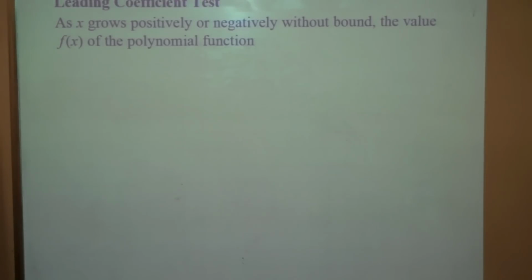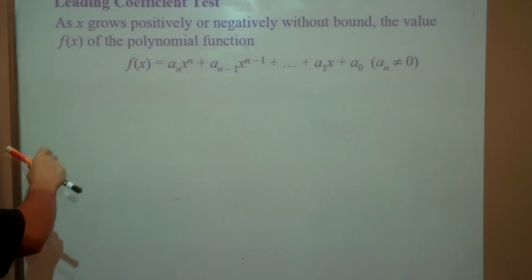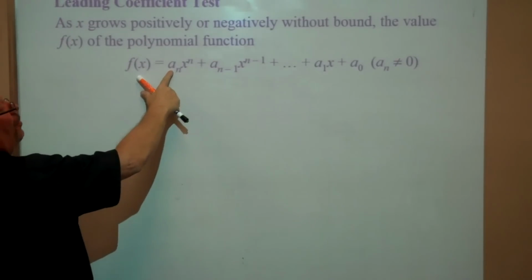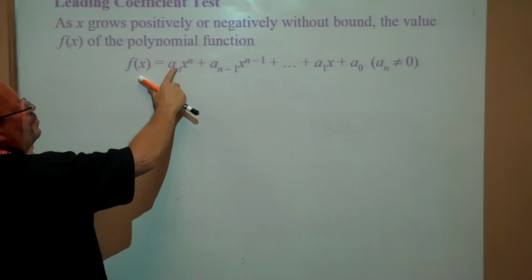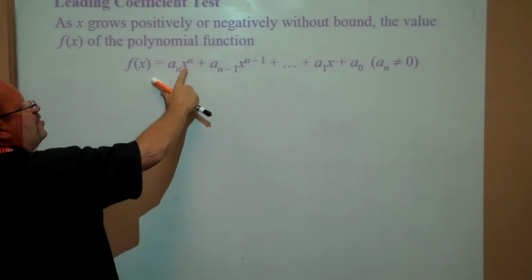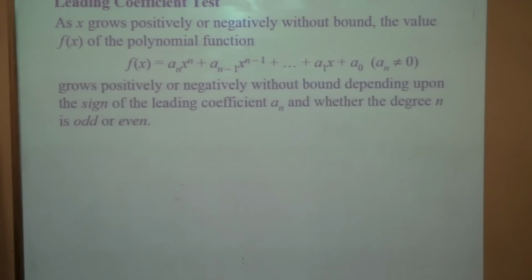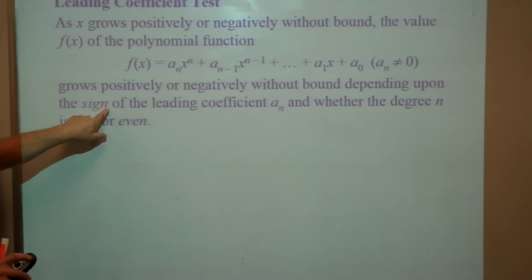We want to test the lead coefficient. Okay, again, our formal definition. The lead coefficient, the constant part of the x term where it has the highest degree, the highest power. We find that it grows positive or negatively without bound, depending upon the sign of the leading coefficient.